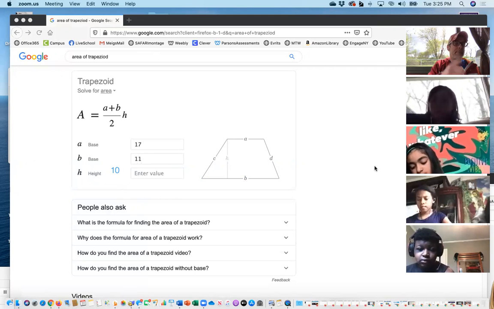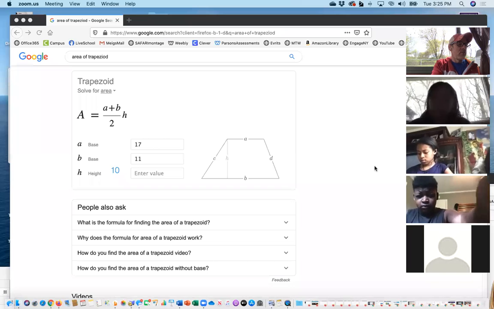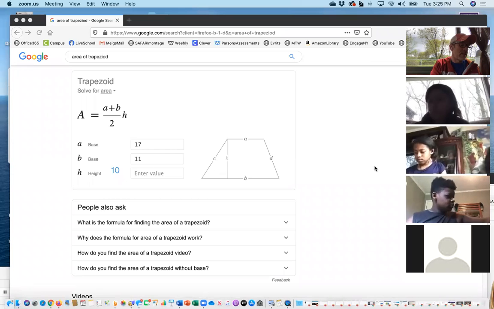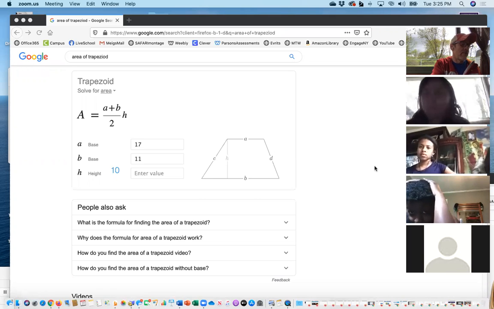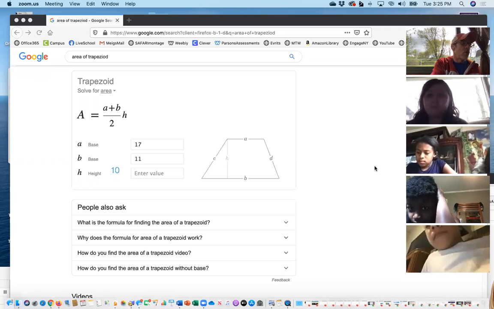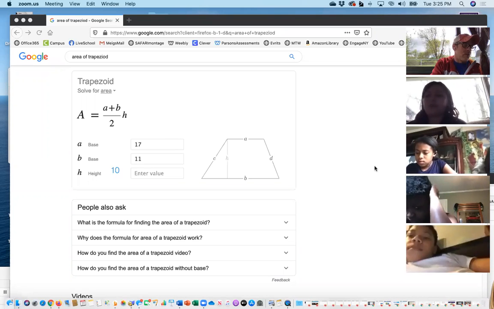Michaela, Angelo, thank you. Jayla, yep. Josie, Kimani, that's right. Yeah, whatever the unit is. When you don't know what the unit is, you just say squared units. All right, cool.